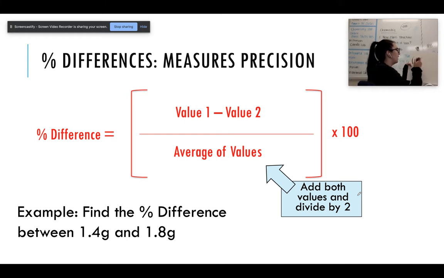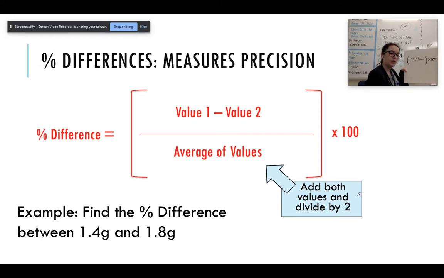So I'm going to set up my whiteboard. My first value is 1.4 grams. And I'm going to subtract that from my second value of 1.8 grams. I will then take 1.4 plus 1.8 to get 3.2.